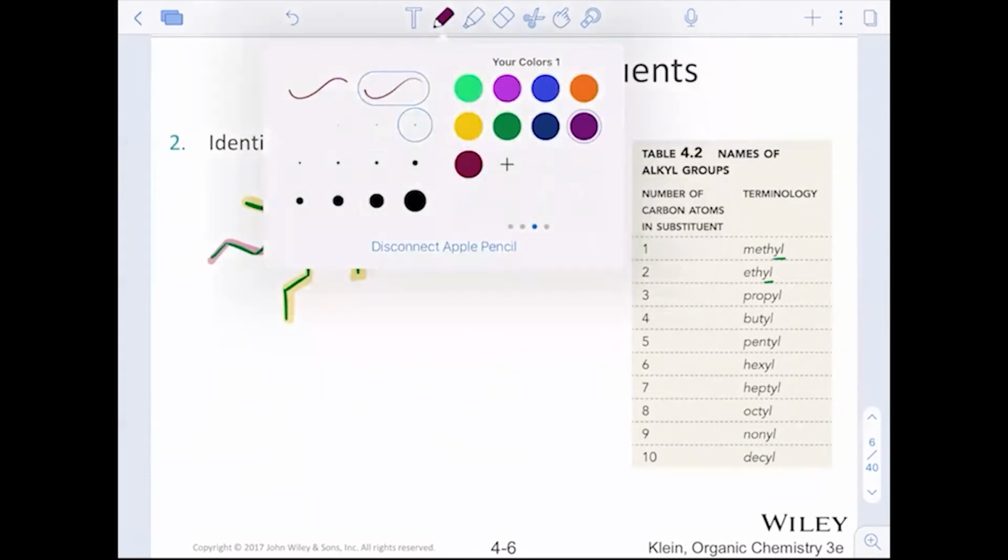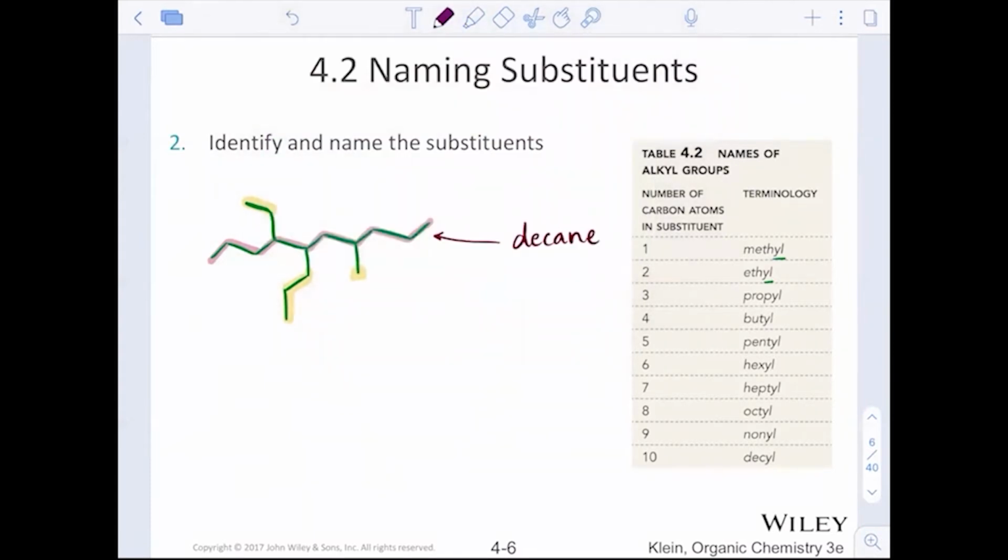So in naming of substituents, we want to name them very similarly. Take the number of carbons and add the yl ending. So 2 carbons, ethyl. 3 carbons in a row, propyl. 1 carbon, methyl.